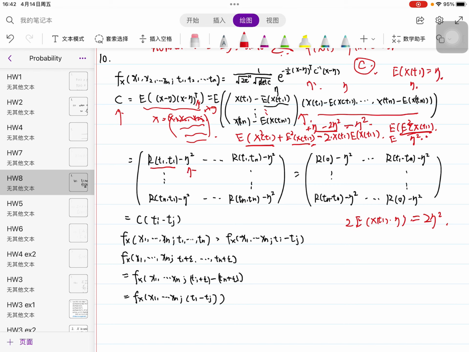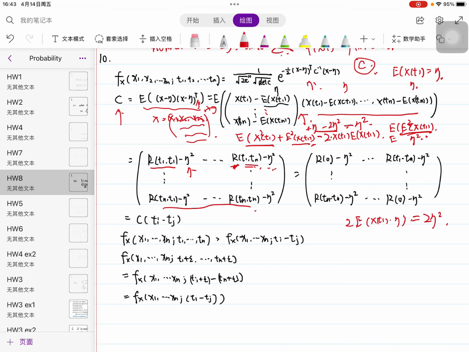So that is how this minus eta squared comes here. And for the other terms, we just change the parameters of the auto correlation. So the first row and last column is the auto correlation of t1 and tn minus eta squared, and I think that is easy for you guys.